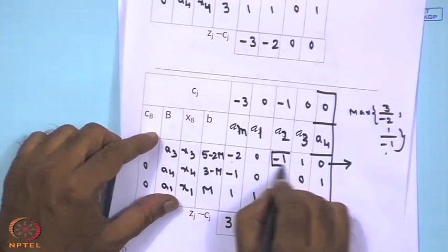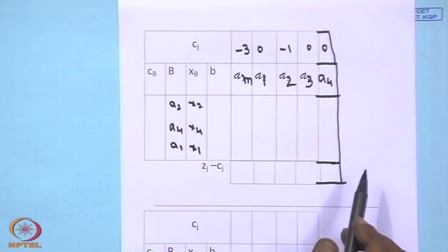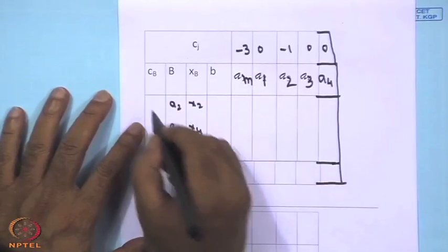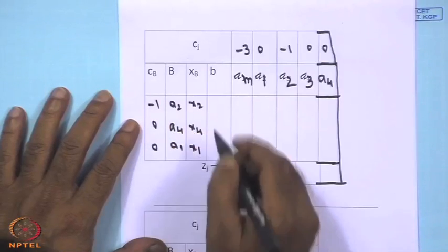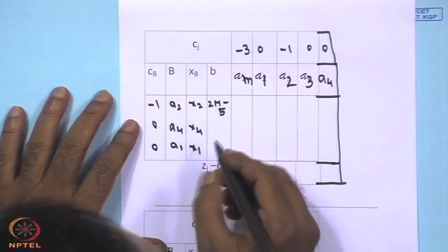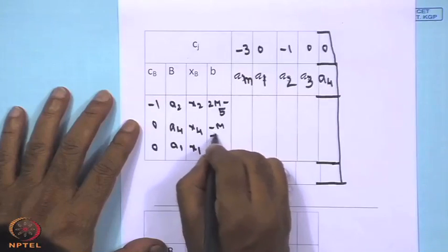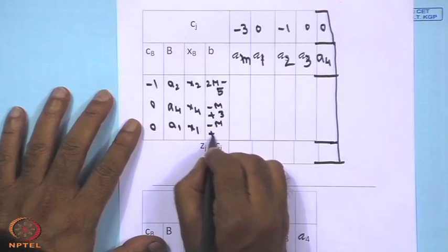Obviously, in this table your minus 1 is the pivot element, that is I have to make this one 1 and these two should be 0. That is, in the normal way you are doing it. C b values are becoming minus 1, 0 and 0. So, this is 2 m minus 5, this is minus m plus 3 and the next one is minus m plus 5.